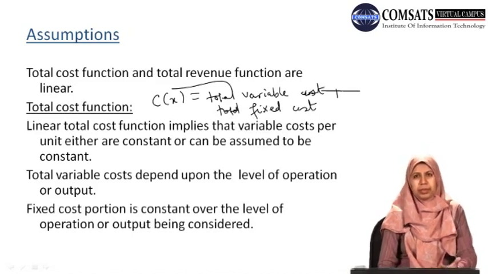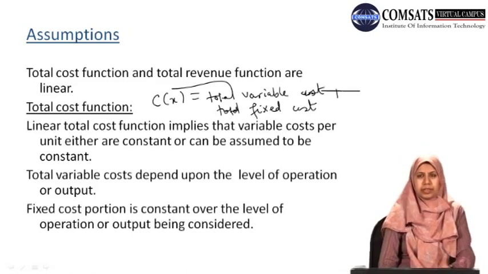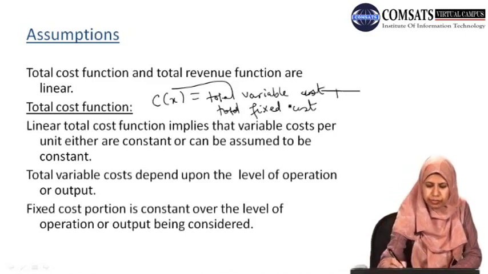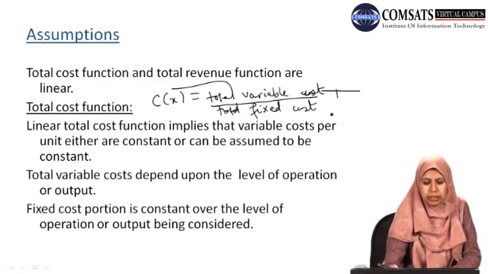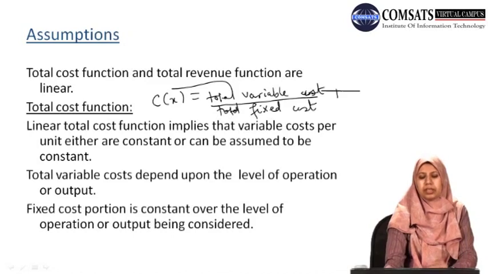Now, to find the break-even point, there are some assumptions. First assumption on the linear cost function is that the variable cost per unit either is constant or can be assumed to be constant.